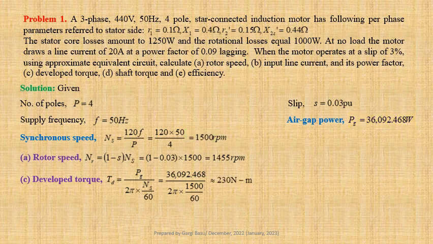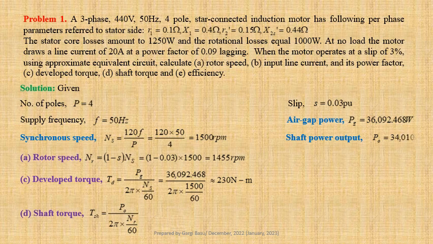Now we shall calculate shaft torque. Tsh equals to Po divided by 2 pi into Nr by 60. We have determined shaft power output Po equals to 34,010 watts.